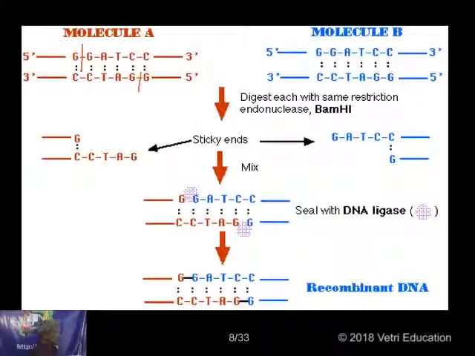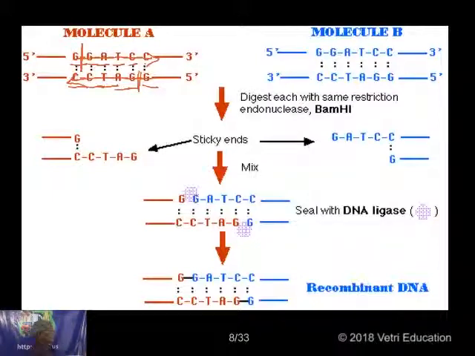So this is a palindromic sequence, I have already told you. The nucleotides are repeated reading from 5' to 3' and 3' to 5'. This is a G, this is a G, the next one is a G, then A, adenine, then adenine, T, T, C, C and C, C. Now in this one, it will make a cut here and a cut here.